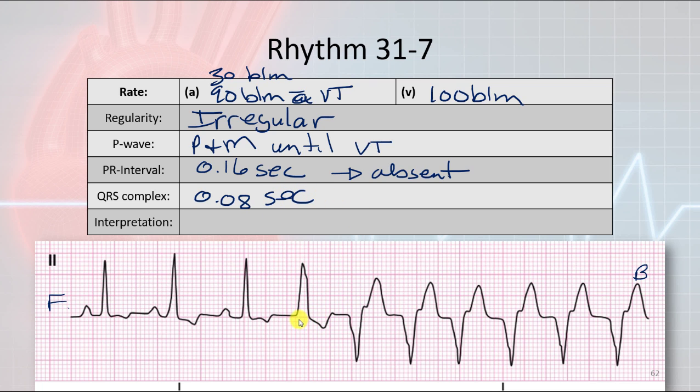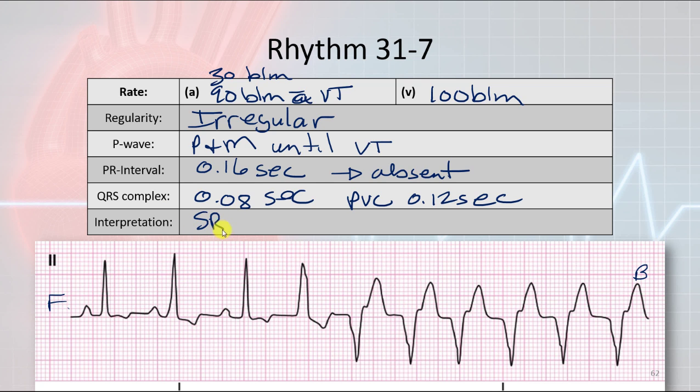And then what happens over here at the PVCs? It goes up to about 0.12 second, maybe even wider. Over here it looks a little bit wider. The interpretation of this is a little bit more complicated because you have to identify everything that occurs in this. What is going on over here first on the front side of the strip?